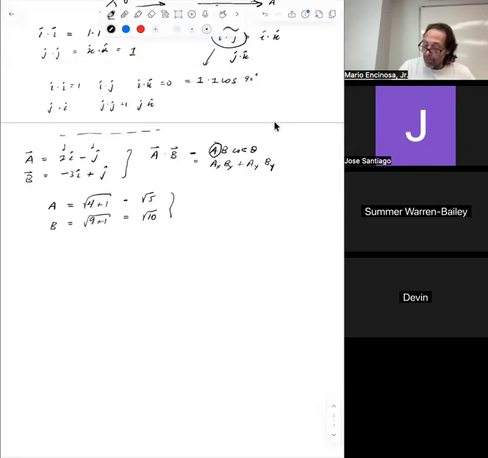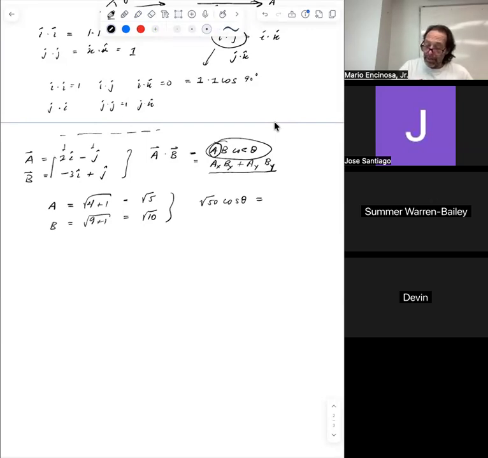So I now have, according to my first prescription, the square root of 5 times the square root of 10. So currently what I have is the square root of 50 cosine theta. And what do we have for A dot B using the sum over index formula? Why I call it the sum over index formula, you'll learn later.